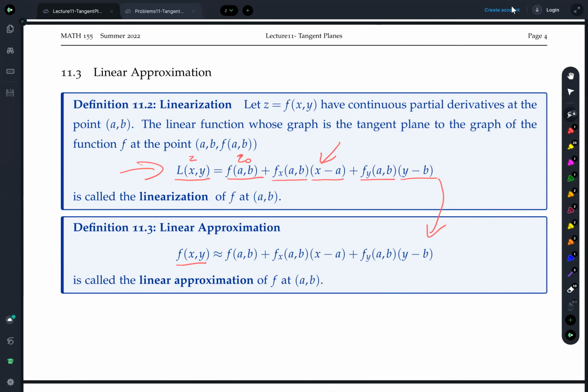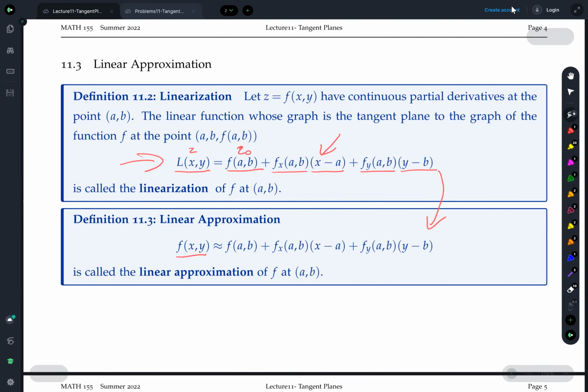We do that by setting our linearization. So this L of xy is our function evaluated at a particular point, AB, so x is equal to A, y is equal to B. That's equivalent to the z naught that we had in the previous slides.